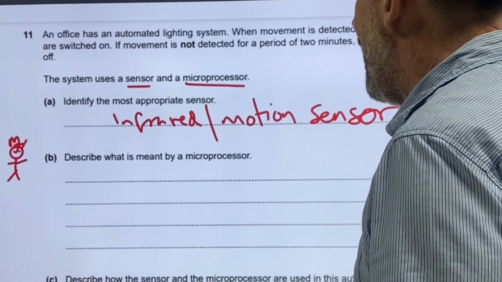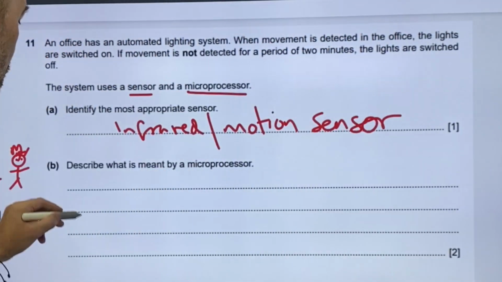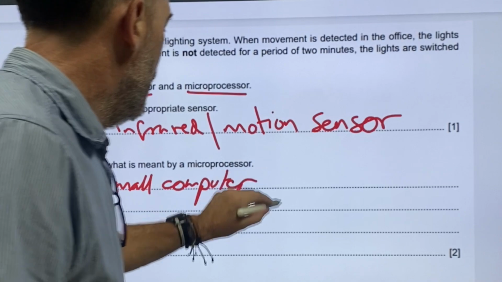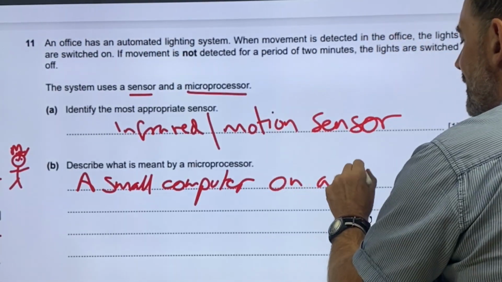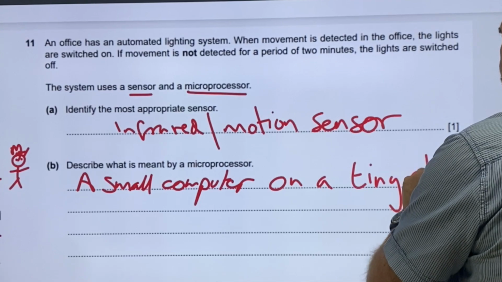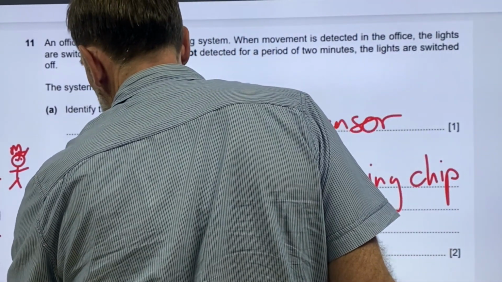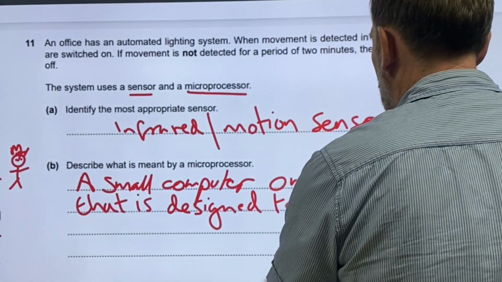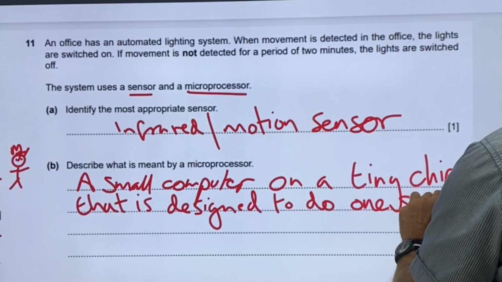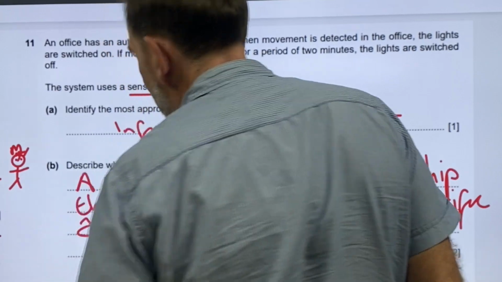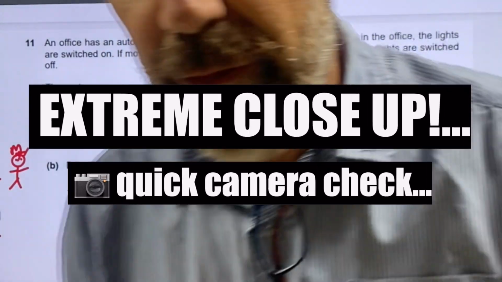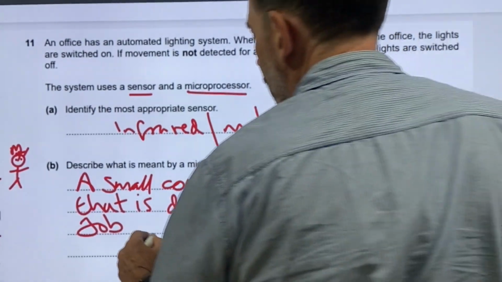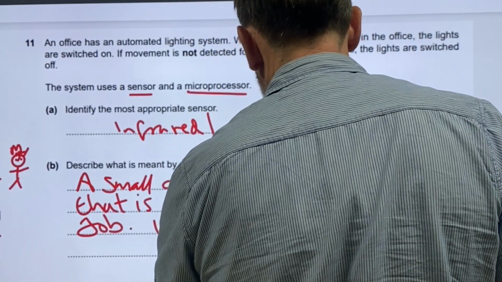Describe what is meant by a microprocessor. The clue's in the name. I'm going to put a small computer on a tiny chip that is designed to do one specific job, or a few different jobs.